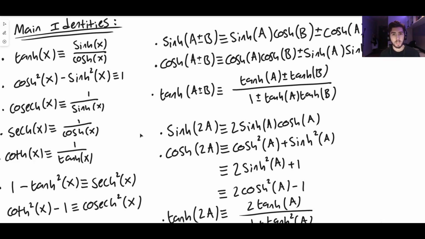So if you have a sine squared in the trig version, in the hyperbolic version it goes to a minus sinh squared. If you have a minus sine squared in the trig version, it goes to a plus sinh squared, but everything else is the same.